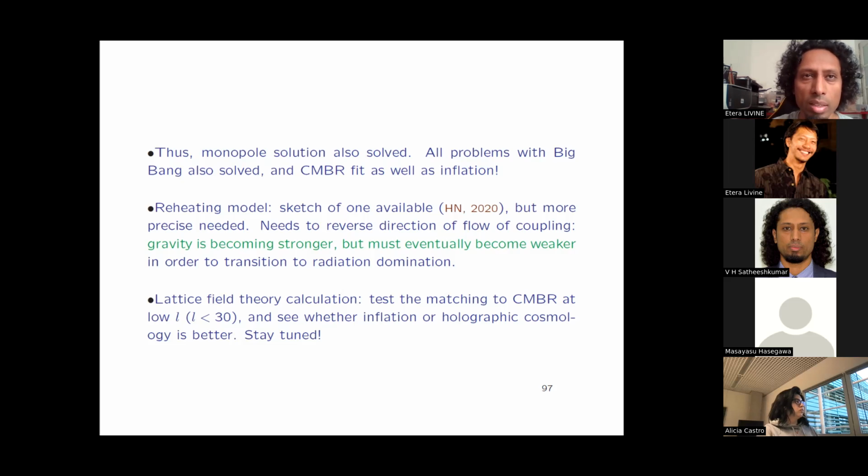The last point on the slide is about the low multipole fitting, right? People say this is because of cosmic variance, so we will never be able to fit it perfectly because we have only one data set. That's true. But I didn't show you the graphs here; I should perhaps have. The matching at small l is at the moment really different between inflation and holographic cosmology. The point is not that you're matching just there.